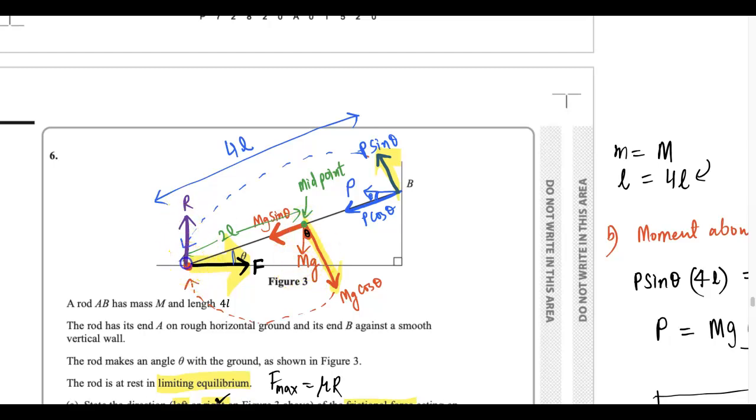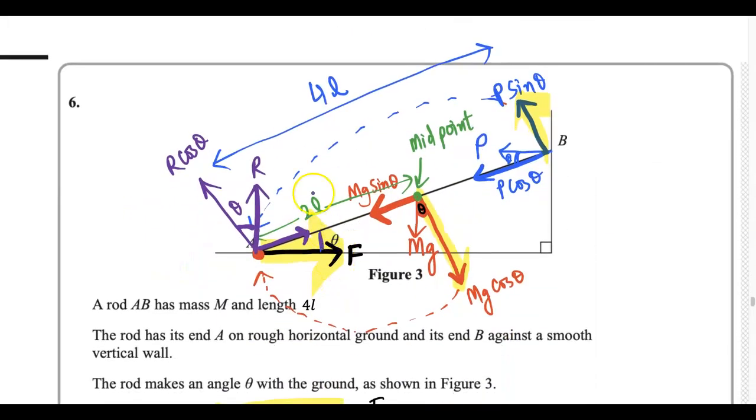We have to find out components. So if this is theta, we're going to get this angle to be theta again, and this will be R cos theta, and in this direction, R sine theta. This is R sine theta.